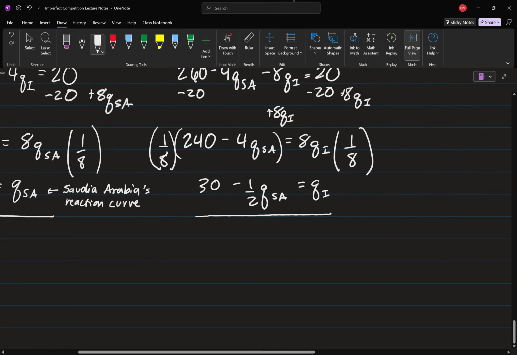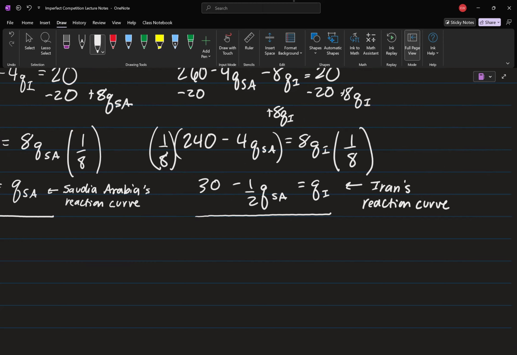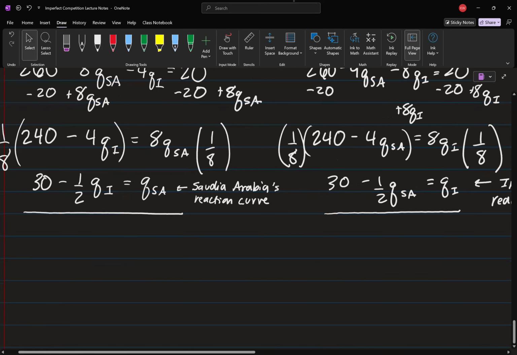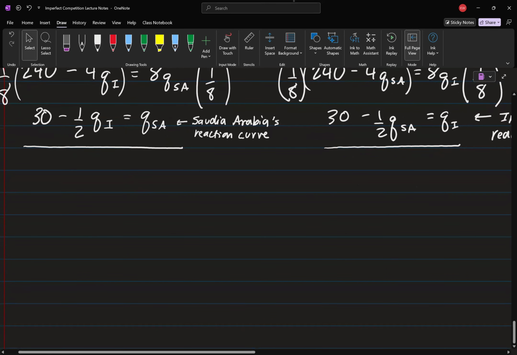And the reason they're symmetric is that they have the same marginal costs. Okay, so this is Iran's reaction curve. If they had different marginal costs, we would see that their reaction curves wouldn't be symmetric, right? They would be quite different. But in this example, they have the same marginal costs, and so we have symmetric reaction curves.